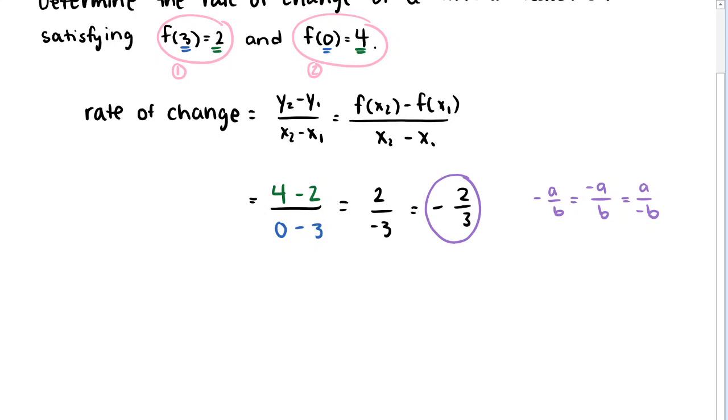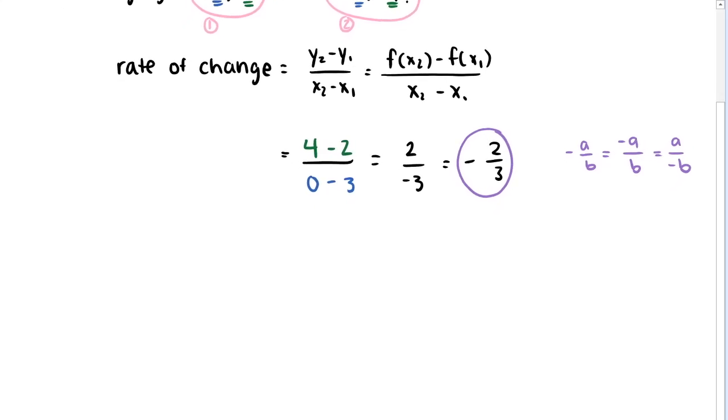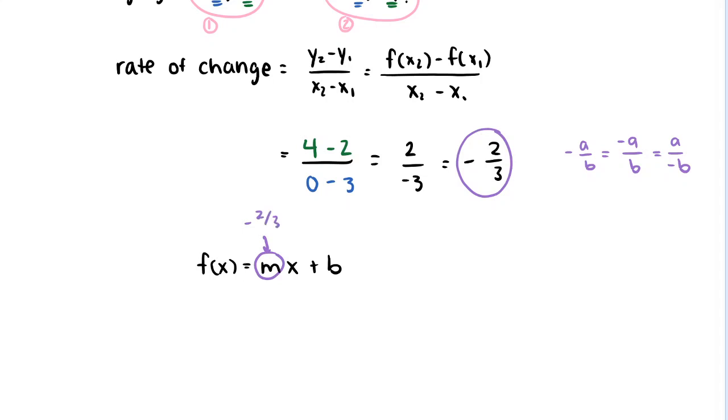Can we do better than this? Can we find the equation of this function? Well, here, if I know this is some linear function, it's going to be of the form f of x is equal to m times x plus b, and we figured out the rate of change. We figured out that this is negative 2 over 3. What we're missing here is this initial value.